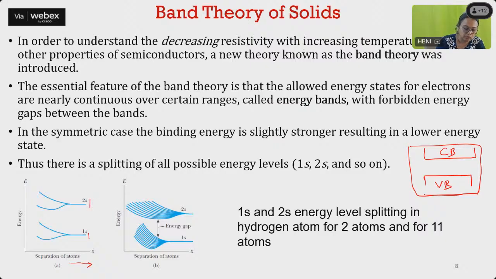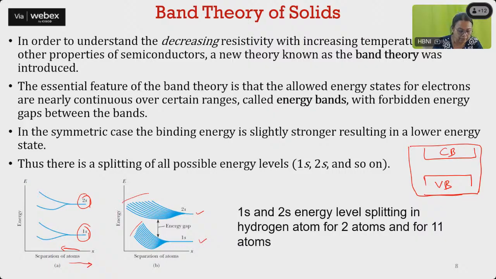When the separation is very large, the electrons exist separately in the 1s and 2s levels, but when the atoms come closer, splitting occurs. The 1s and 2s energy levels start splitting for hydrogen atoms, like for two atoms. Here you can see the 1s and 2s levels for 11 hydrogen atoms, so they split into 11 bands.